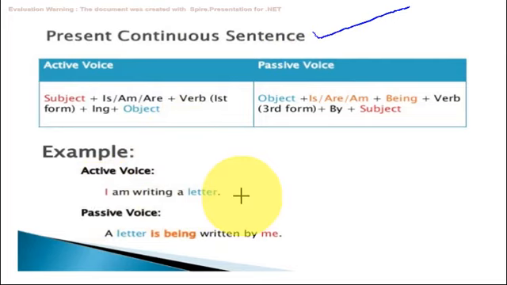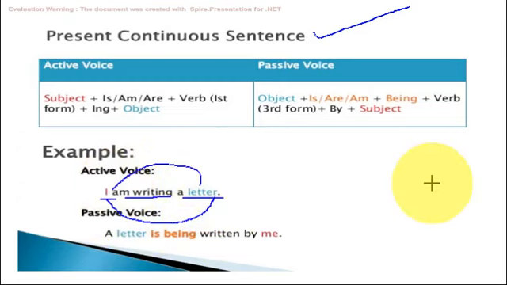Now our second rule says divide the sentence into a few parts. I is our subject, am writing is the verb, and a letter is the object. See, the subject is I, am is the helping verb, and the verb is in first form plus ing. This entire part, am writing, is the verbal part, and a letter is the object. Now our next rule says the subject becomes the object and the object becomes the subject, right?